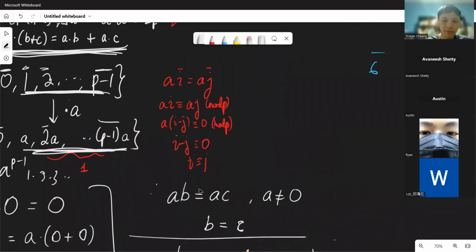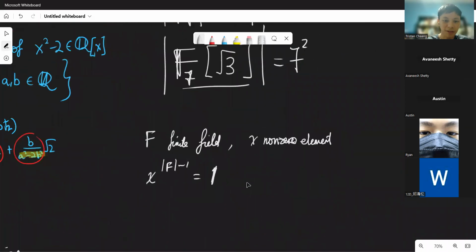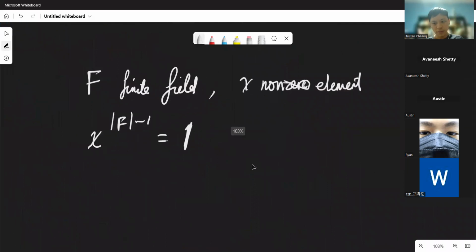So how do we apply this to a general finite field? Look at the power. It's size of F minus 1, kind of completely the same thing as that.